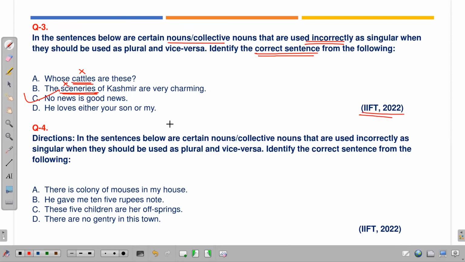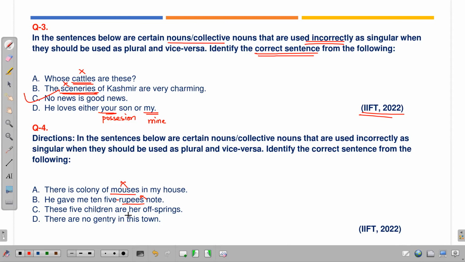So, after 2022 question, I said, so either he loves your son or mine. Okay, your son is a possession. So, or mine. Then this is colony of mouses. I think mice. He gave me 10 5 rupees note. 10 5 rupee note.